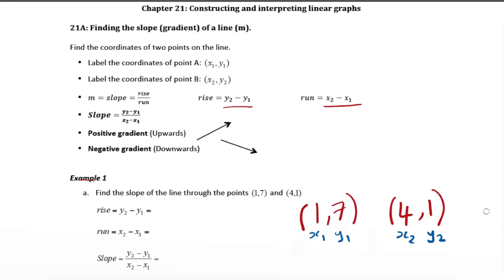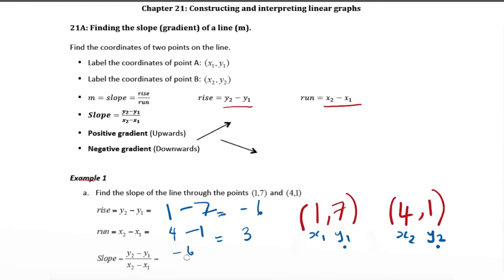Those are my 2 coordinates that I've got, and now that I've labelled them, I can just sub them straight into the formula. So the rise is equal to y2 minus y1. So what we're trying to do is find the difference between these 2 here. I'm just going to sub them in, so that's going to be 1 minus 7, and the run is x2 minus x1, so it'll be 4 minus 1. So my slope, if we just work that out, 1 minus 7 is negative 6, 4 minus 1 is 3.